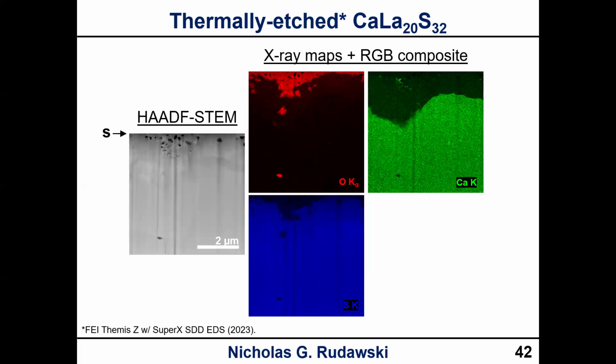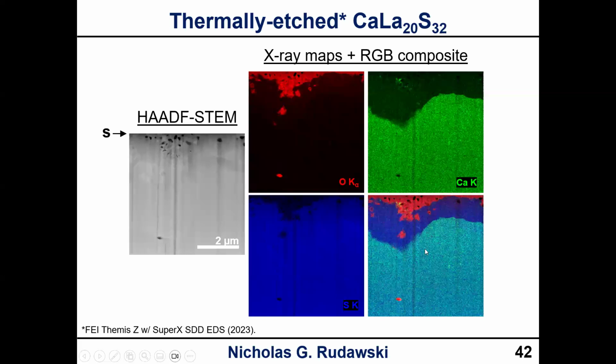And then beneath that, it is not depleted in calcium again. So there's actually three zones of material here, if you will. If I do the overlay, you can see there's this zone here, which is sulfur and calcium, and then this blue area, which is mainly sulfur, and then the surface area, which is oxygen rich. And again, we really couldn't have told any of this by just looking at the HAADF-STEM image itself.